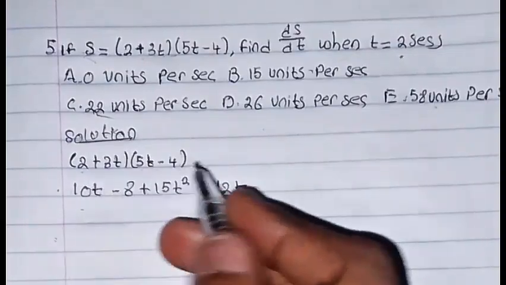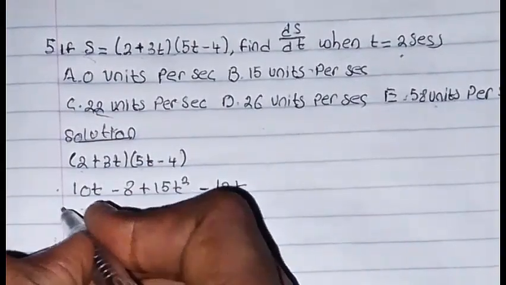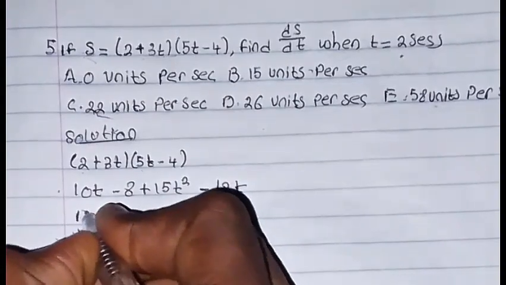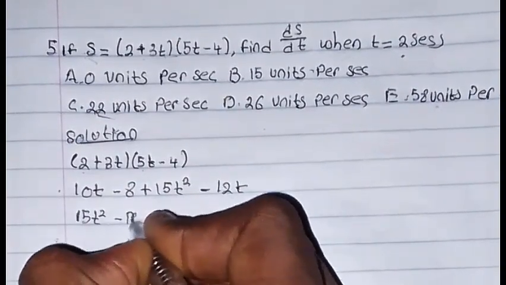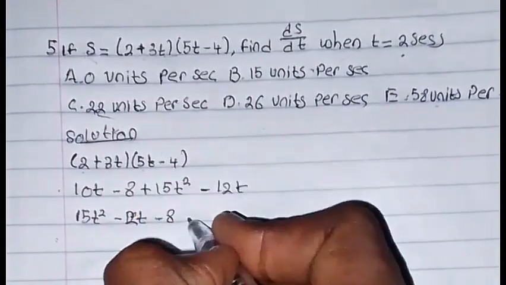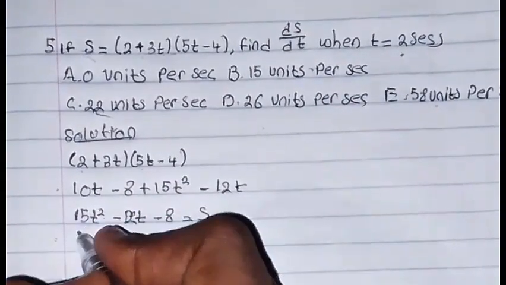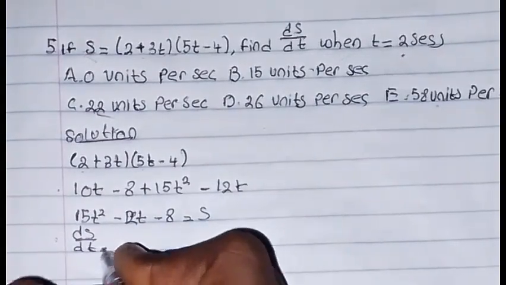Okay, we're going to combine 10t minus 12t. Those are like terms, right? So you can combine them together by just subtracting. So we have here 15t squared minus 2t minus 8. So this is equal to s. Now we're finding ds over dt, that's differentiating s with respect to t.